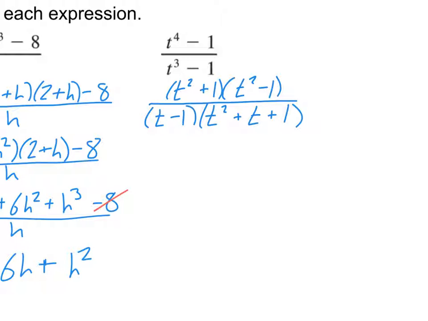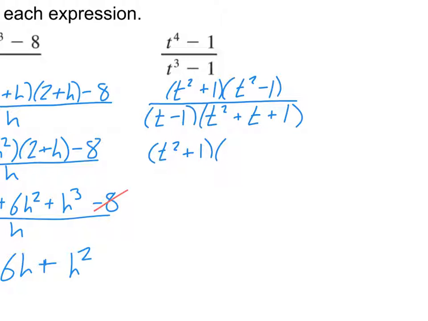And now I look at those results and I see what else can I do? Well, there's no canceling I can do right now. But there actually is a little bit more factoring I can do, because you'll notice here, this t squared minus 1 on the top could factor down a little bit more. So the t squared plus 1 stayed the same, because that's addition, I can't factor it anymore.